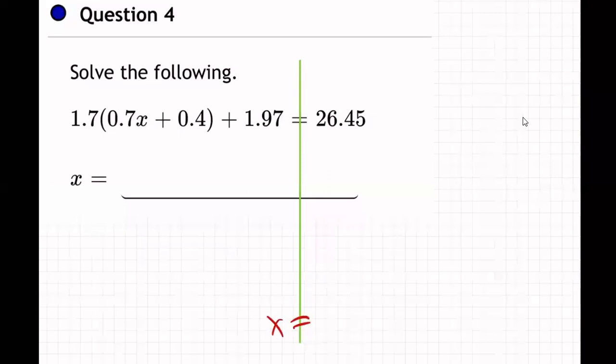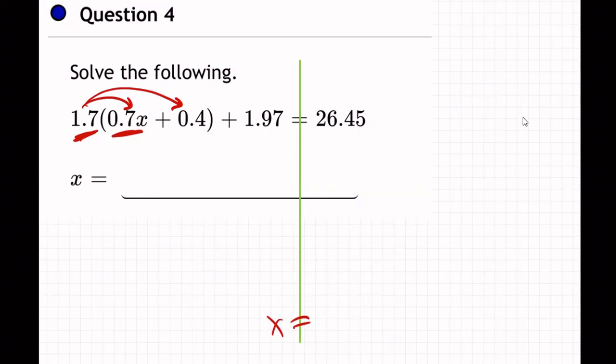Okay, well, first thing we're going to do is multiply through the parentheses, right? Whenever we have parentheses, we distribute, don't we? And so when you have all these decimals, definitely use your calculator. We don't want to do this by hand. Use your calculator. 1.7 times 0.7x. So I'm going to use my calculator right now.